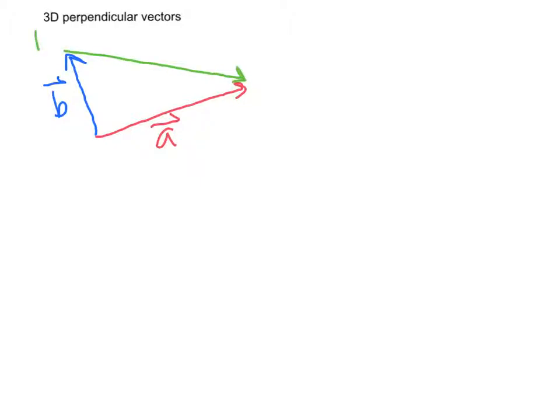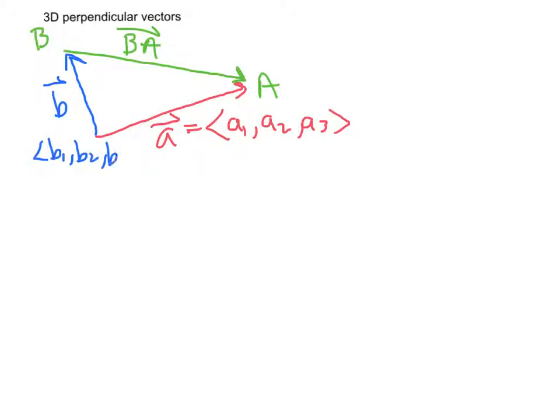We'll call this point B and A again, so this will be vector BA. So the components of vector A are A1, A2, A3, and then the components of B are likewise going to be B1, B2, B3.